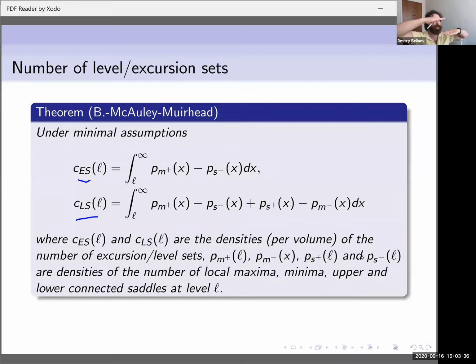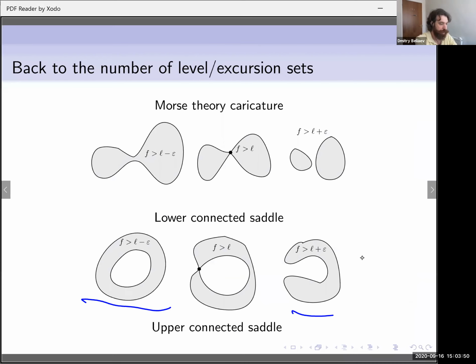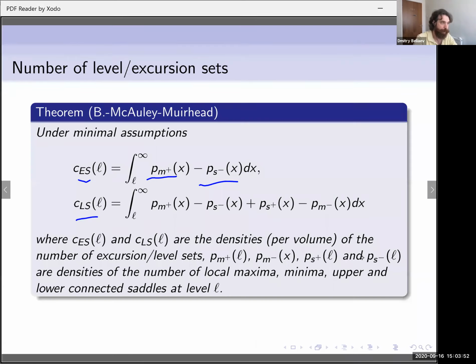When you raise the level, each time you cross a local maximum, you kill one domain. And when you cross a lower connected saddle, you add one domain. And at the end, you end up with 0. So you get this nice integral formula. Now, what is good about these formulas? Well, critical points are local things.